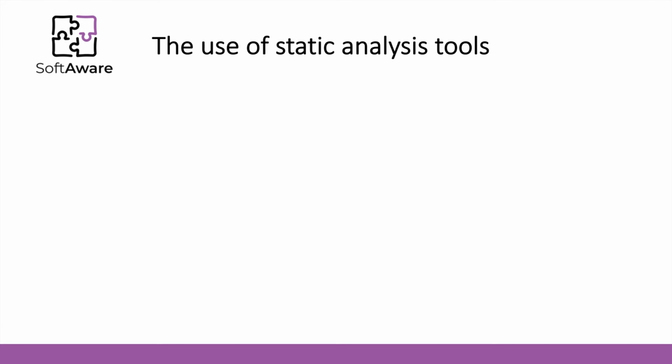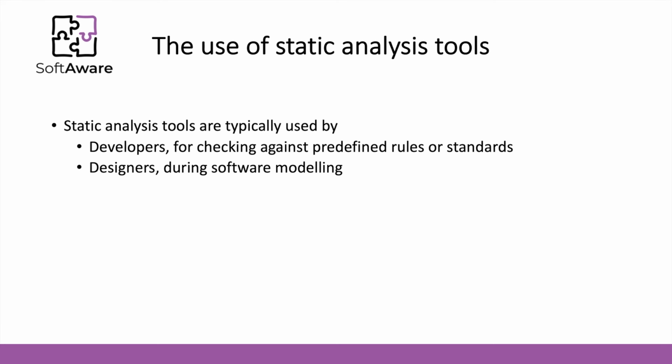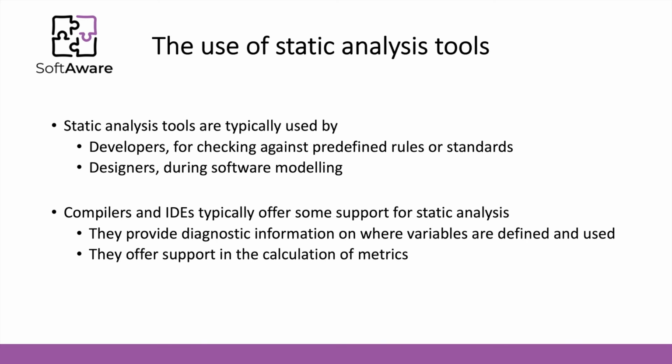Static analysis tools are typically used by developers for checking against predefined rules or standards, and by designers during software modeling. Compilers and IDEs typically offer some support for static analysis. They provide diagnostic information on where variables are defined and used, for instance, and also other support in the calculation of metrics.